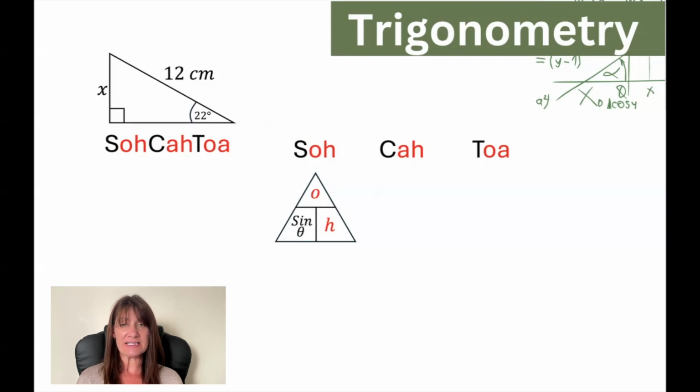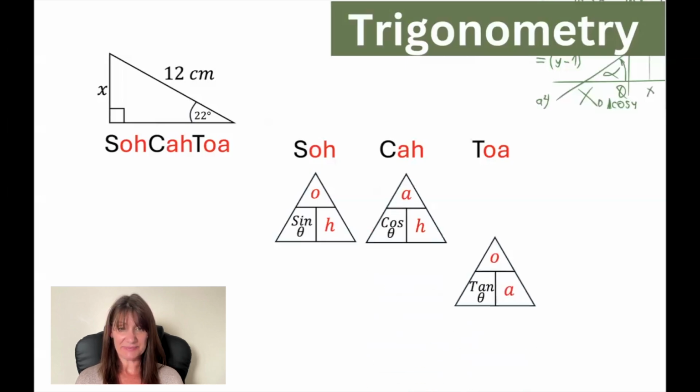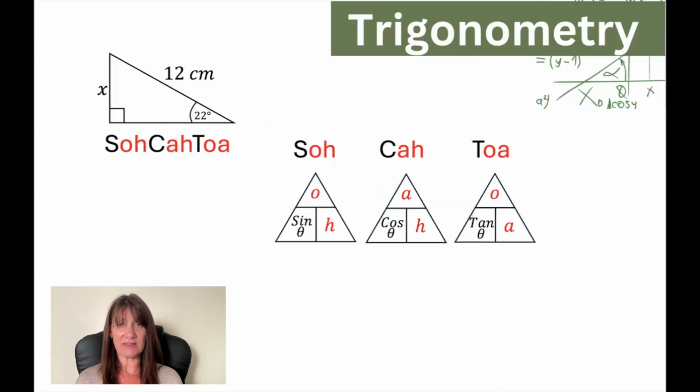Now that is linking to the angle in the question, which might be a number, or it might be the missing thing that we're trying to find. O, the middle letter in SOH, is at the top, and H is in the right-hand corner. Cos is done in exactly the same way as is tan. So that middle is in the top, and that's a really good way of making sure that you're getting things in the right place.